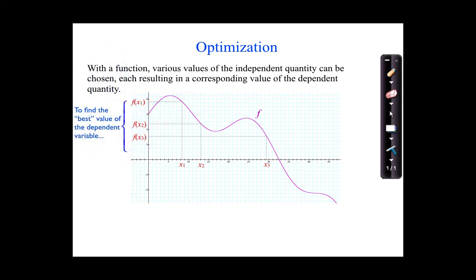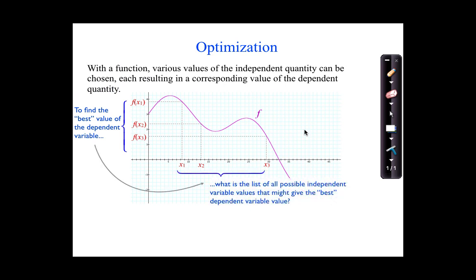So the idea, to find the best value of the dependent variable, is that you have to think about the list of possible points, independent variables, that could be of use, which are the endpoints of the domain and the critical values of the first derivative. We've been looking at polynomial functions, which don't have any undefined derivatives, like sharp corners. So critical values include places where the first derivative is 0, but also places where the first derivative is undefined but the function isn't.